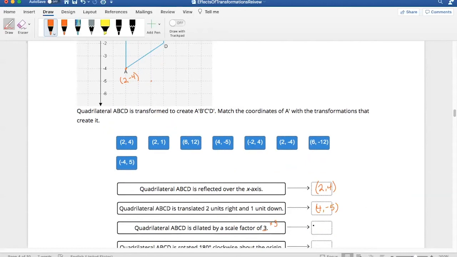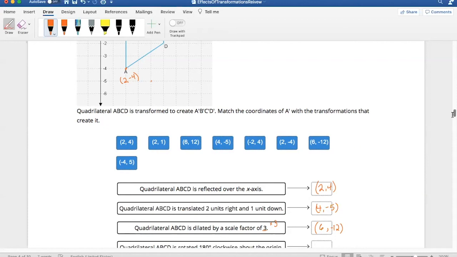So looking back at that point A, if I multiply the x value 2 by 3, that's going to make a new value of 6. And then -4 times 3 would be -12. So once it's dilated by a scale factor of 3, that new point is going to end up at 6, -12.